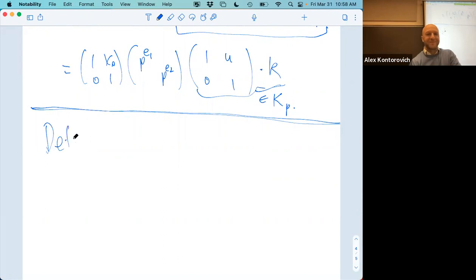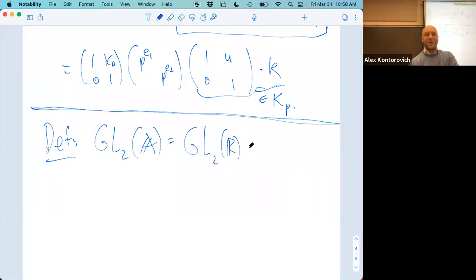Definition. Now that we understand the local places, we know how to decompose GL2(R), we know how to decompose GL2(Q_p). Of course, we're going to think about GL2 of the adeles. What is GL2 of the adeles? This is really interesting because I wonder if it's in Lean yet, because now we're really going to hit some serious issues.